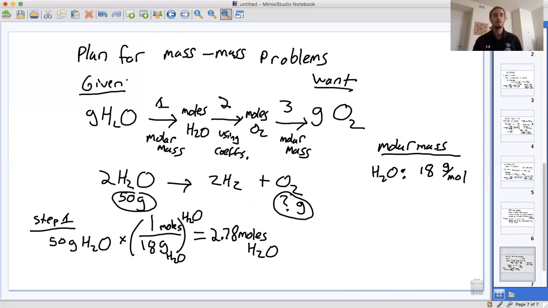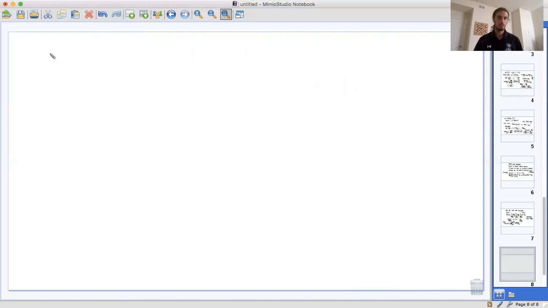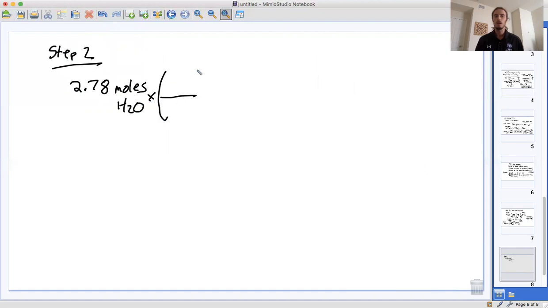Okay. Step 2. You've got 2.78 moles of water, and you want to multiply by a conversion factor and end up with moles of O2.